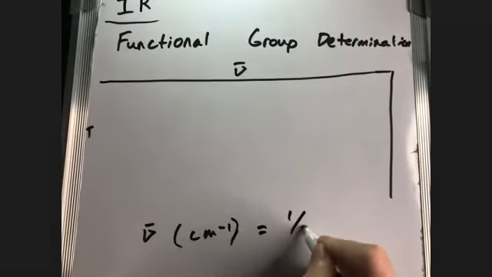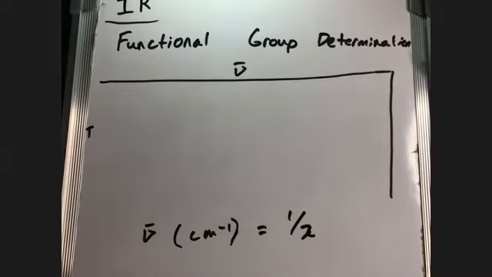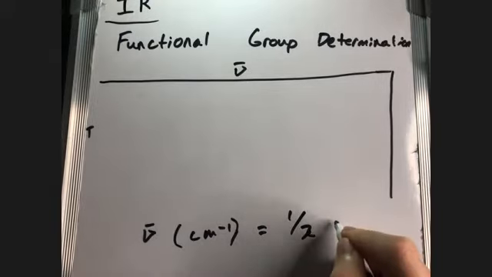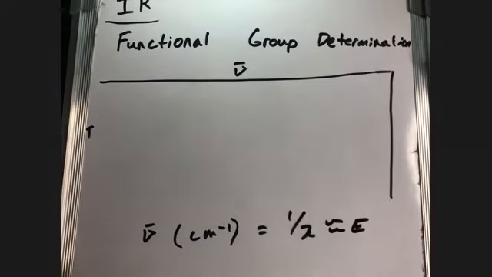It's the inverse of the wavelength. When I first learned this, I was like, why do we bother to show it in wave numbers? It seems like we could just express it in wavelength and be good enough. But the reason they do this is that this is proportional to energy. So in essence, you can think about this as energy. So increasing wave numbers, or moving to the left on this diagram, is effectively increasing energy.